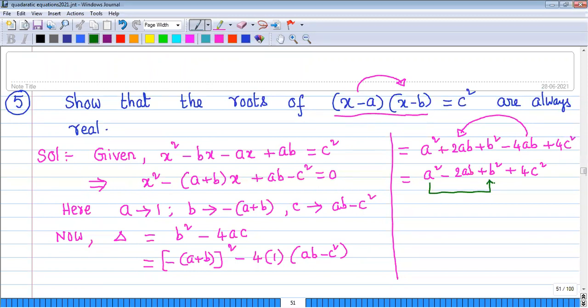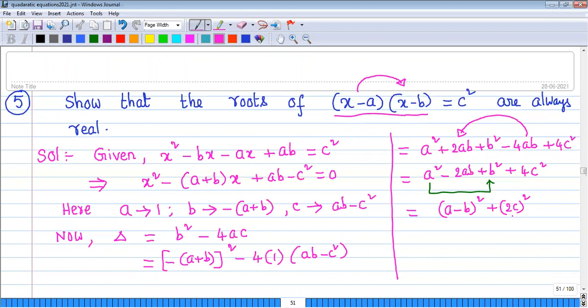Very good. By considering this one, we can write (a minus b) whole square plus 4c square, also we can write (2c) whole square. Here see, (a minus b) whole square is a perfect square. (2c) whole square is also a perfect square. Perfect square plus perfect square, always positive.